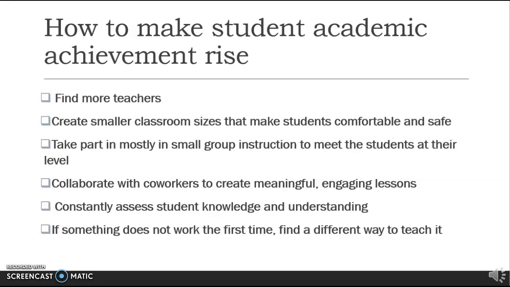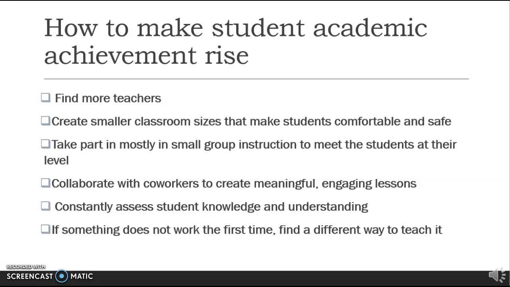And when that happens, again, smaller classroom sizes means a lot more small group instruction, a lot more one-on-one instruction to where the students' needs are met and differentiated instruction is taking place, which is number 3. So take part in mostly small group instruction to meet students at their level. And then, of course, 4, you collaborate with your coworkers to create meaningful, engaging lessons. You have to work with each other to create engaging lessons.